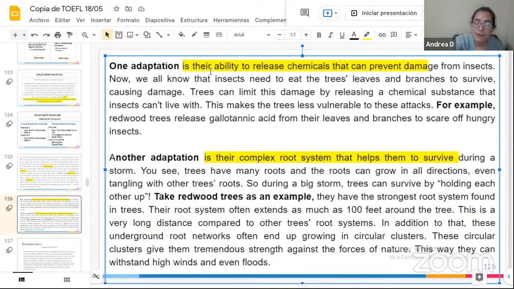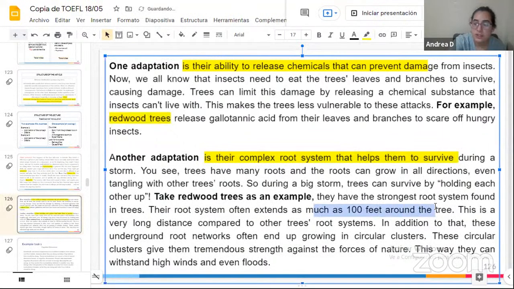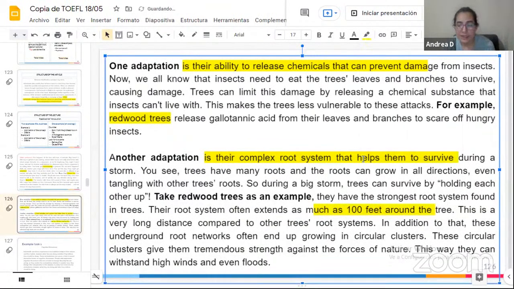If you have time and you are able to identify some examples, then do it as well, like redwood trees and other trees do this. But that's only an extra. The most important information is the beginning, the first part of each subtopic, where you have the intro to the subtopic.